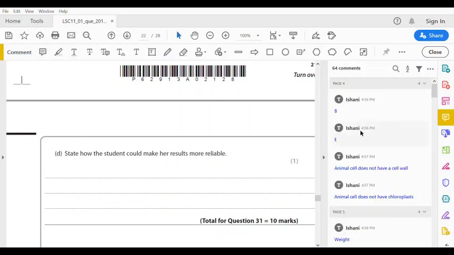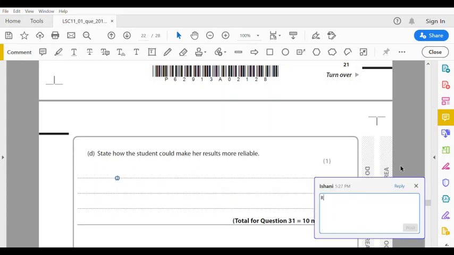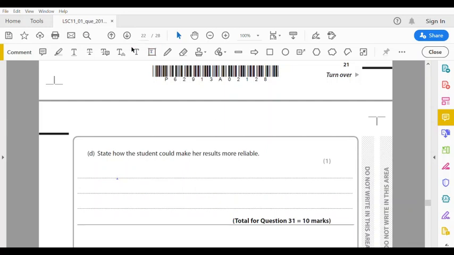In order to make the experiment more reliable, that person can repeat the experiment and find the average value.